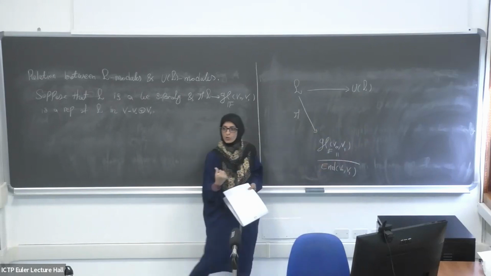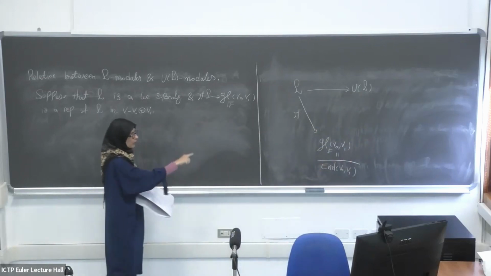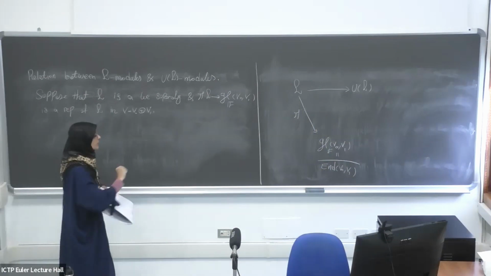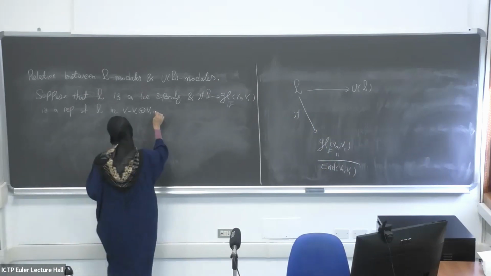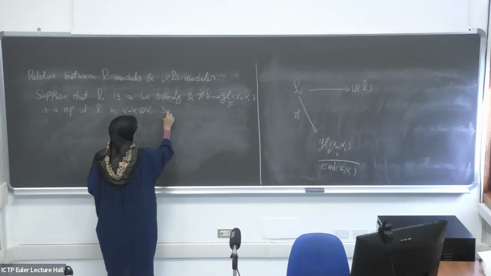The universal property of UL gives us a homomorphism from UL to the endomorphism of V0 V1.